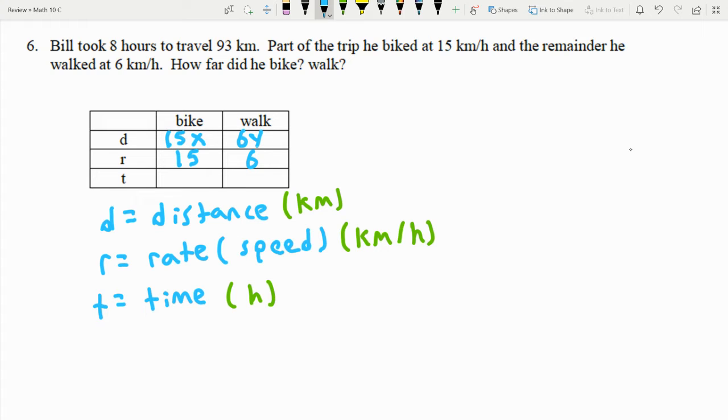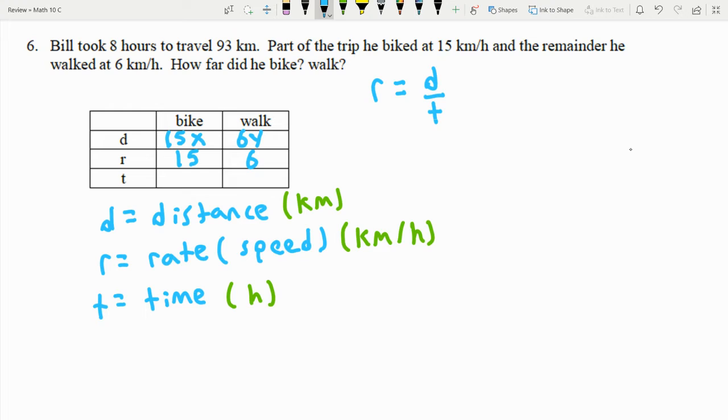And the reason I chose x and y is this. First off, we have to understand one thing. How do we get our speed? I'm not sure if you guys recall, but to get speed or rate, it would be distance divided by time. So I can say r equals distance divided by time.